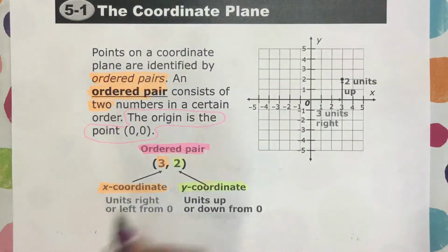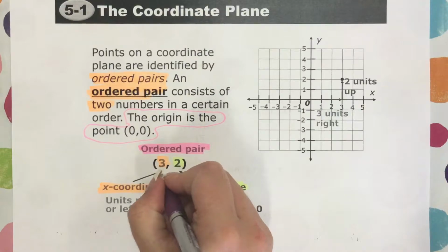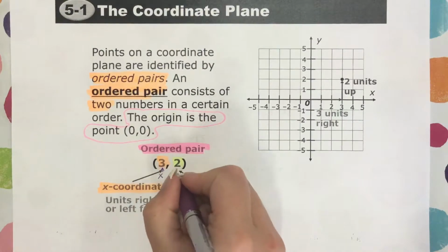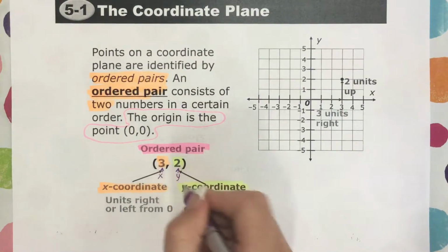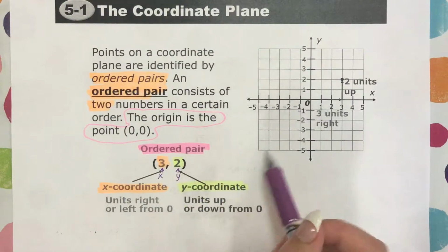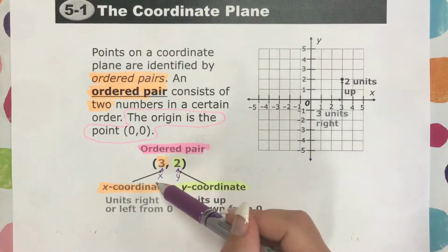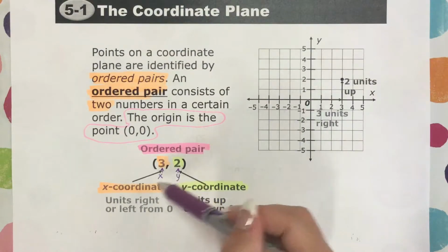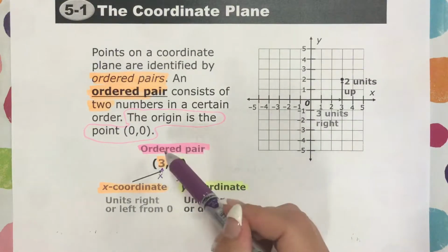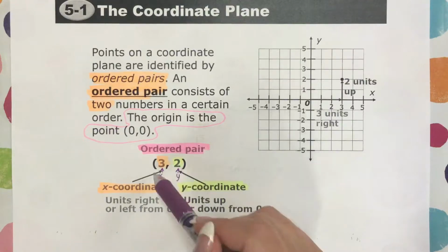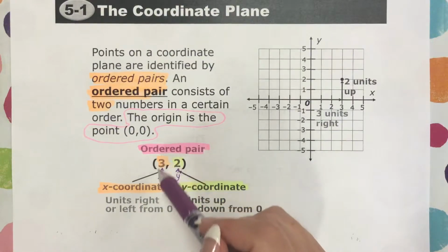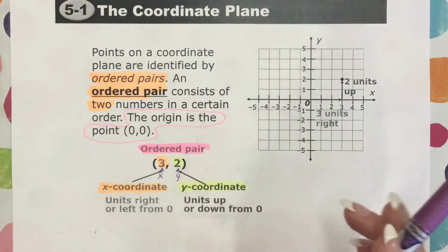The order is because this is x right here, and this is y. And x, y has an order like in the alphabet, right? If you're saying the alphabet, the x comes before the y. And that's the same thing with this ordered pair. We have a pair, we have two, and there's an order. The x comes first, and then the y.